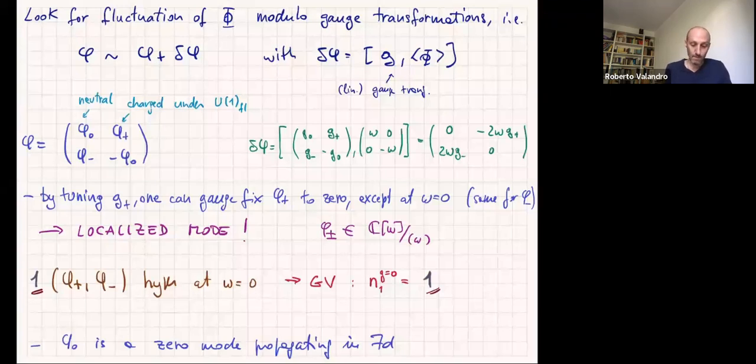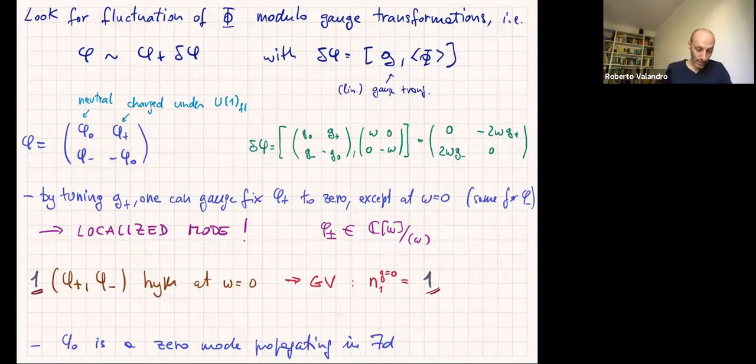This, in a better way, is saying that phi plus and phi minus live in the space of polynomials of W modulo the ideal given by W. So basically they are one dimensional. Okay, so we have one mode coming from phi plus and one mode from phi minus that are localized at W equal to 0, because everywhere else the mode can be gauge fixed to 0.